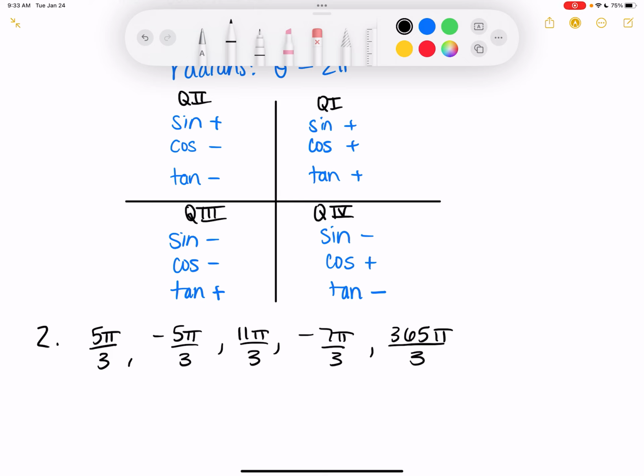It tells us that one is not coterminal with the rest, so we're just going to check until we find the one that's not. I'm going to save 365 pi over 3 for the end and seriously hope that that's not the one, because that's going to be miserable.